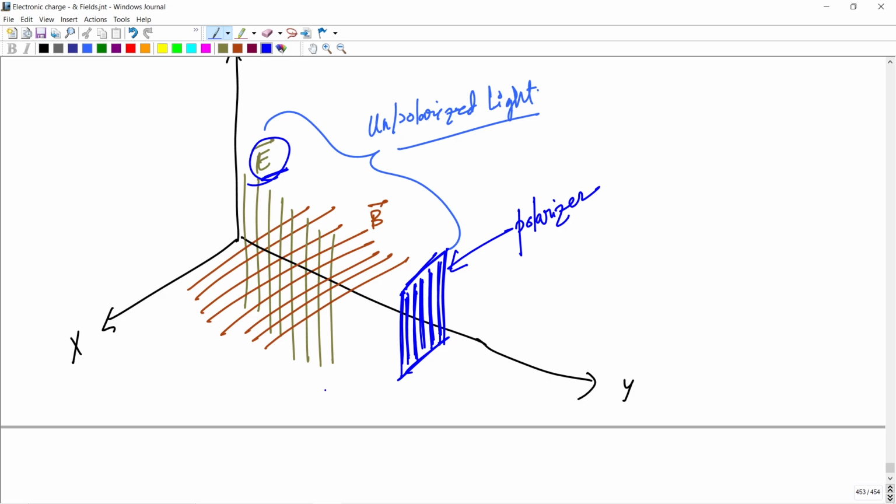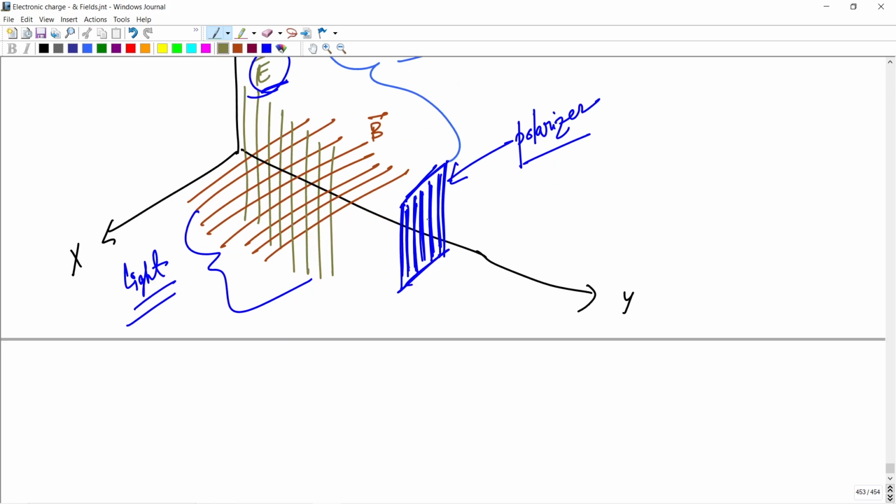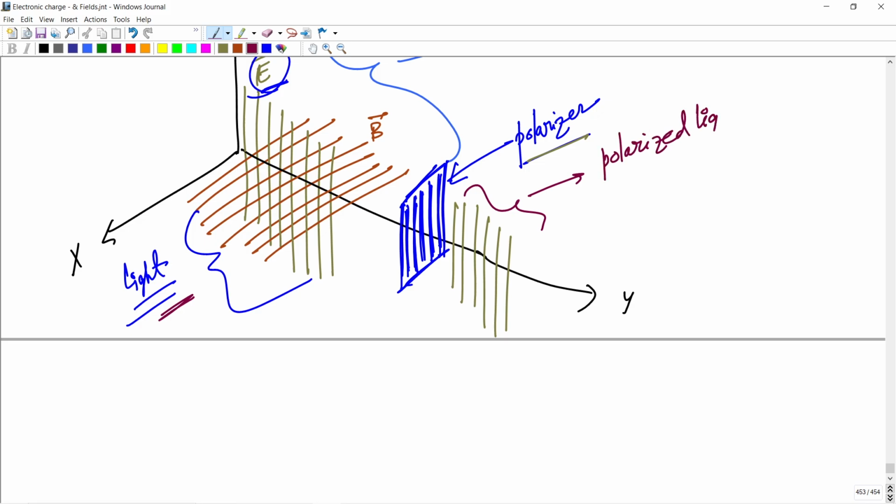You see that it passes the E but blocks the B. So after this light beam passes through the polarizer, it has only the E part, the electric field part, not the magnetic field, because B is blocked by the polarizer, and there is only one plane. This unpolarized light becomes polarized light, because there is only one plane here.